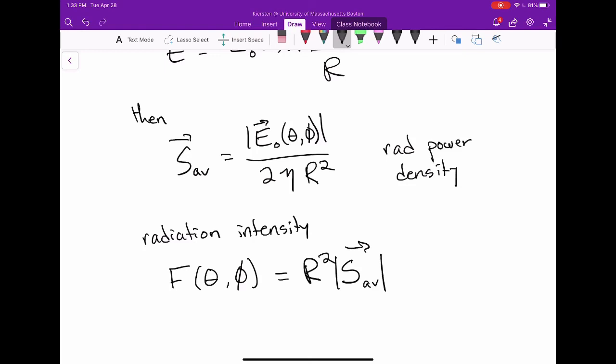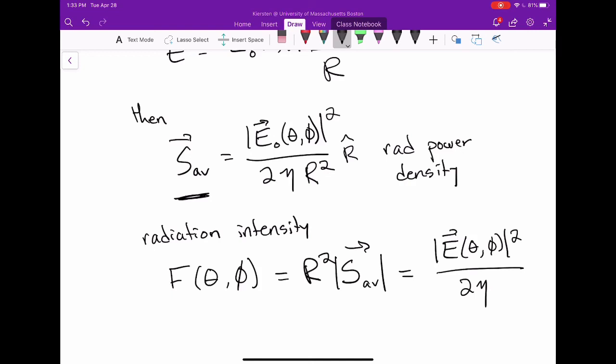Oh, and it occurs to me that this Poynting vector up here didn't have a vector attached to it. It's r-directed. And that radiation intensity works out to be the magnitude squared of that amplitude function for the electric field divided by 2 eta.